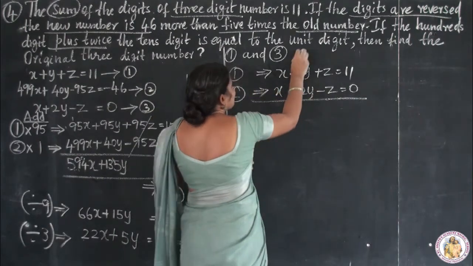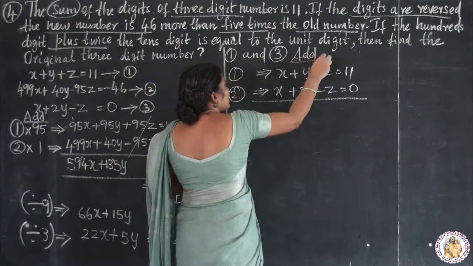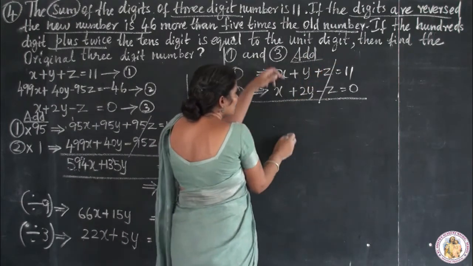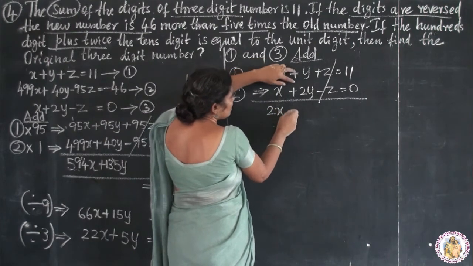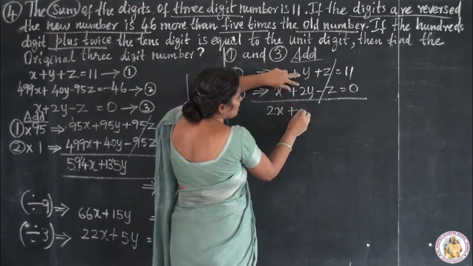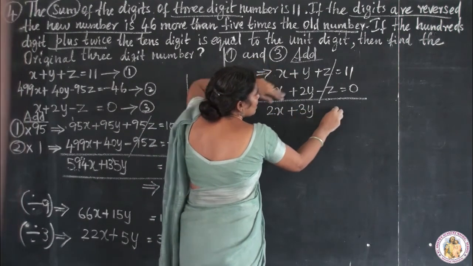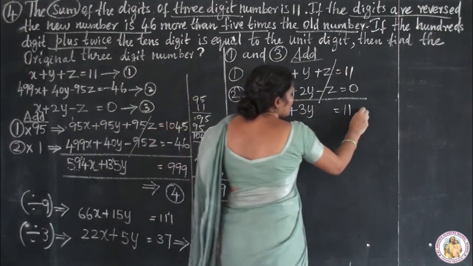So add, we have different sign, so cancel, plus 1 and 1, it is 2x, same sign, plus 3y is equal to 11.